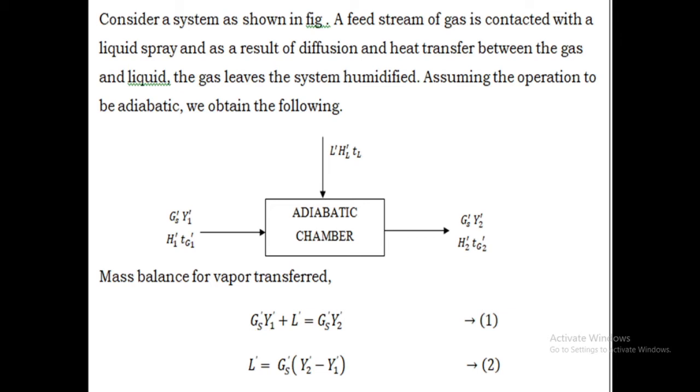This is the first expression. From that, L' is equal to Gs' Y2' minus Gs' Y1'. The common term Gs' we take outside. So Y2' minus Y1' into Gs'. Are you clear? Okay, this is the second expression.